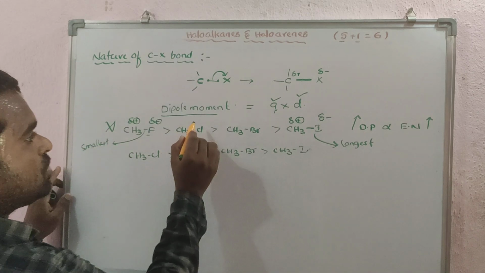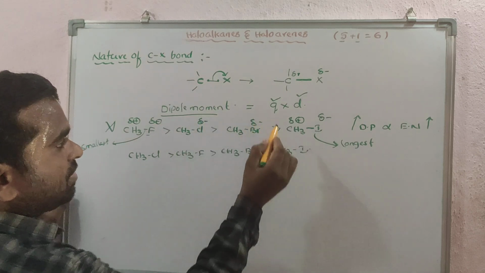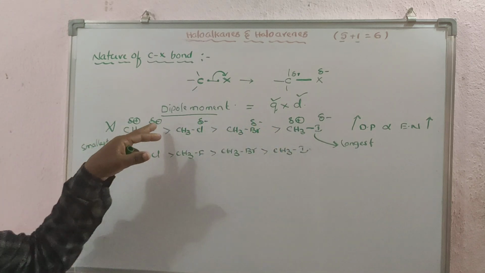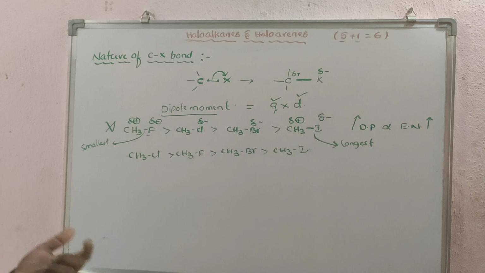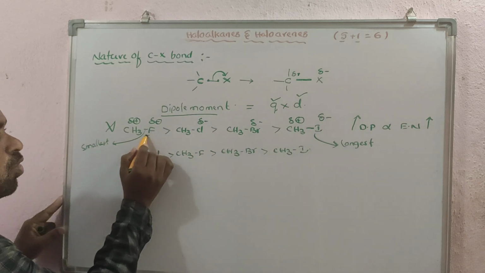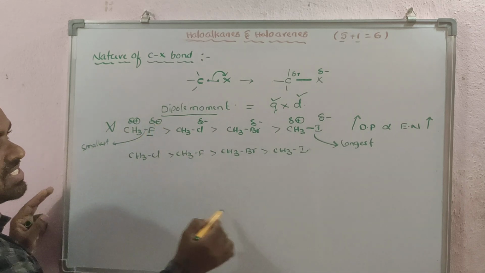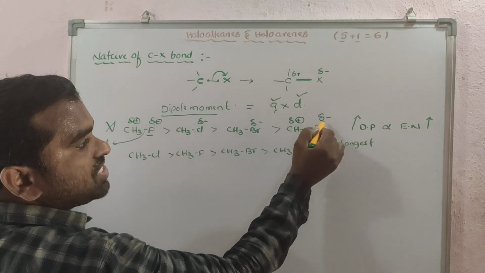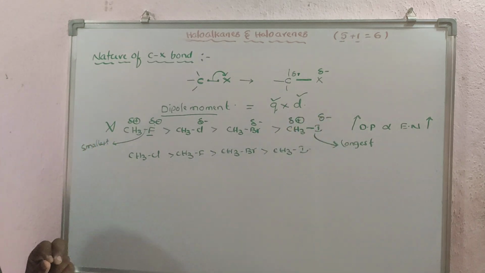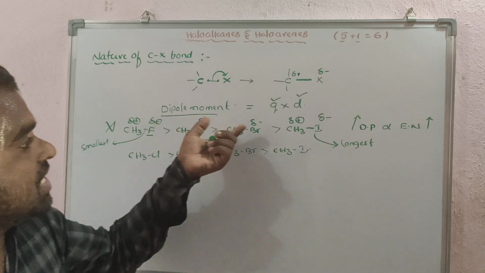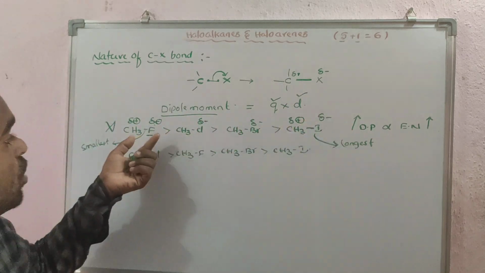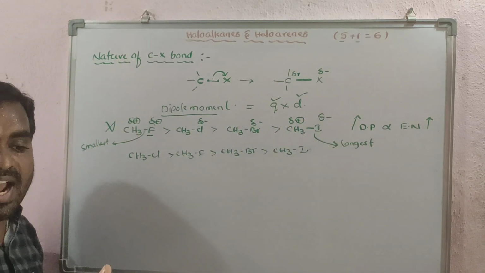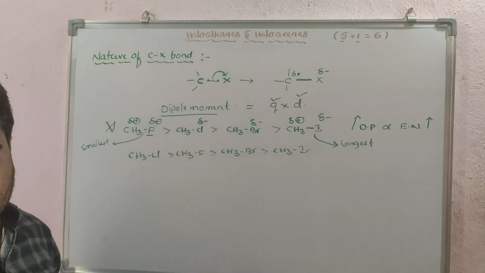The charges are similar here, but you have to consider charge density. Charge density on the fluorine atom is highest compared to the charge density on the iodine. Even though both have the same one unit of negative charge, the charge density on the smallest atom is always highest.